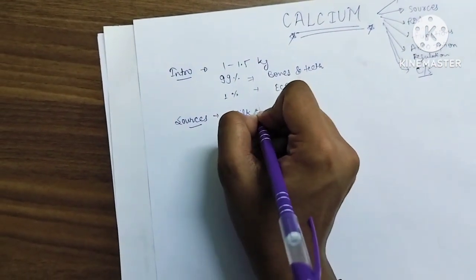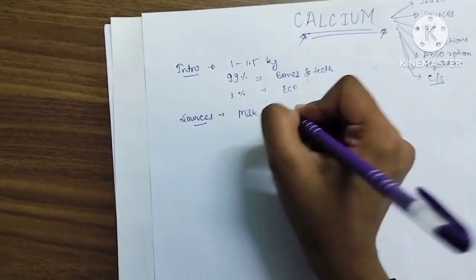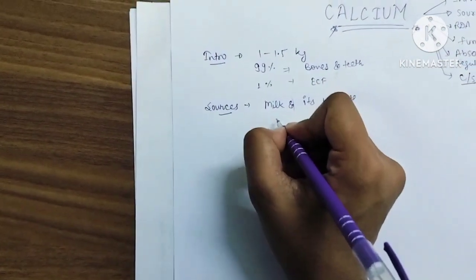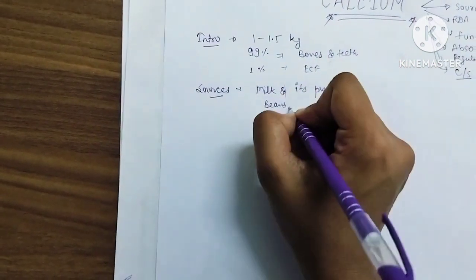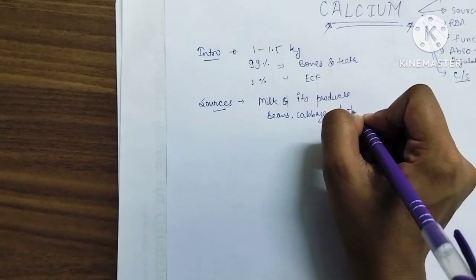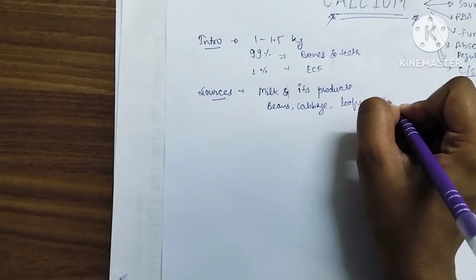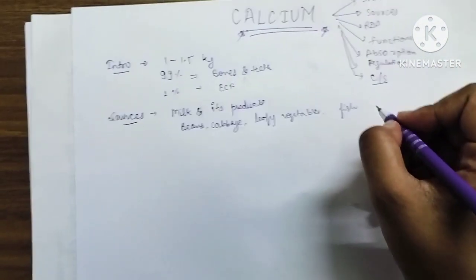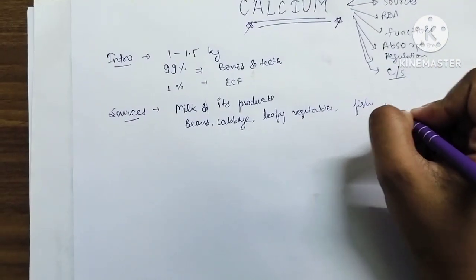Milk and milk products are the best source of calcium, while beans, cabbage, leafy vegetables, fish, and egg yolks are some good sources of calcium.